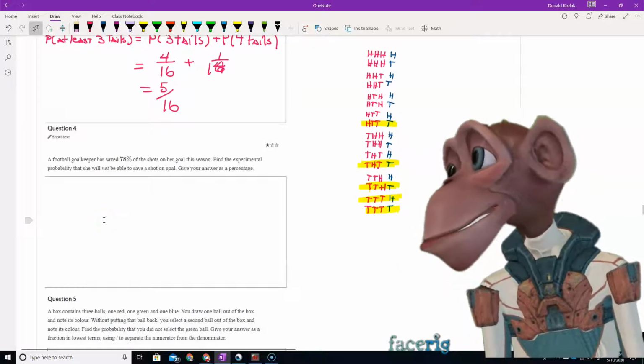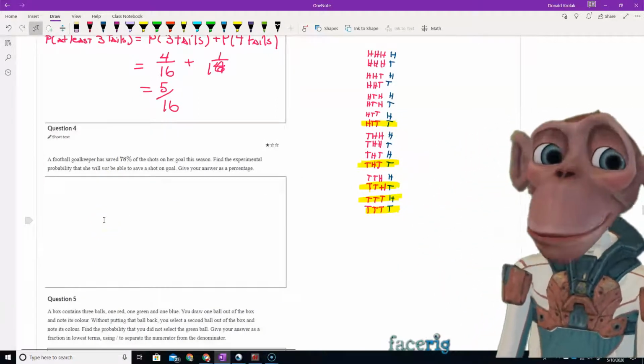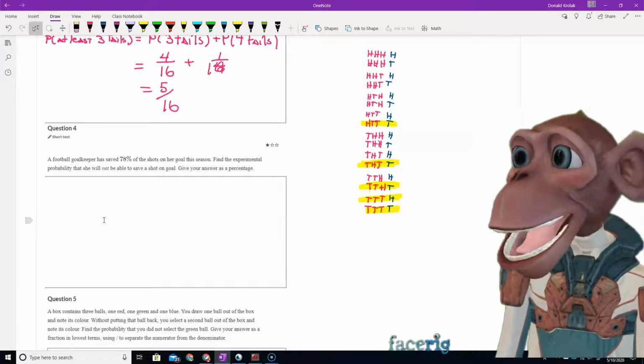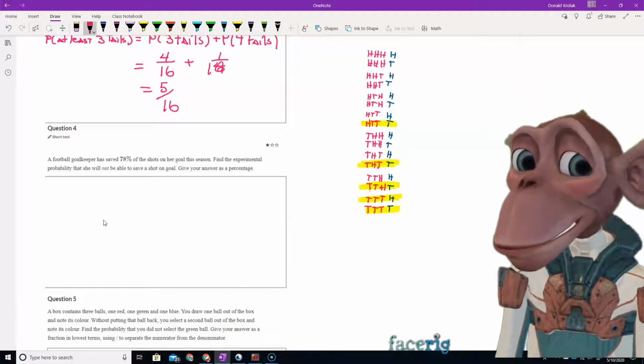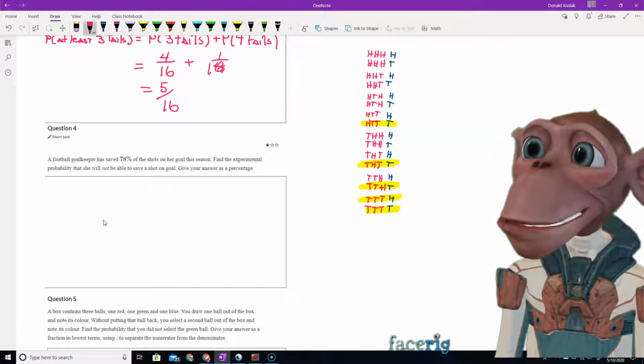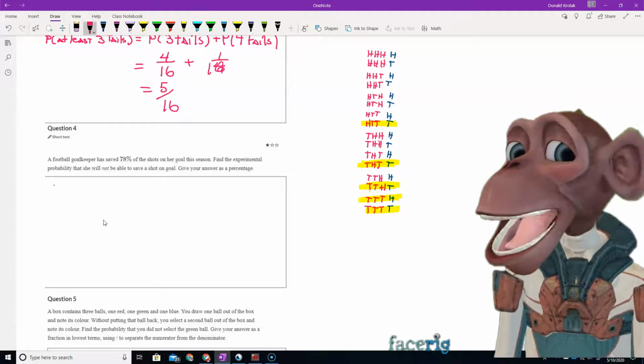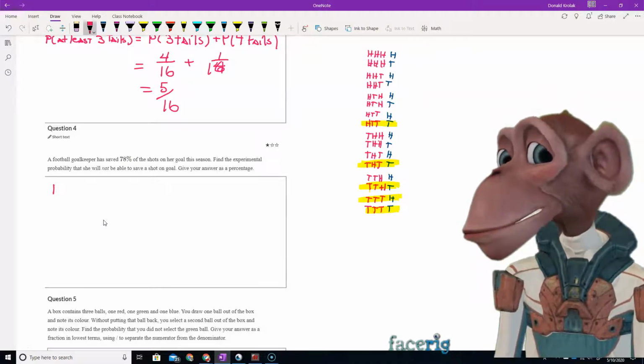Okay, a goalkeeper has saved 78% of the shots on her goal this season. Find the experimental probability that she will not be able to save a shot on goal. Give your answer as a percentage. Well, that would be the complement.